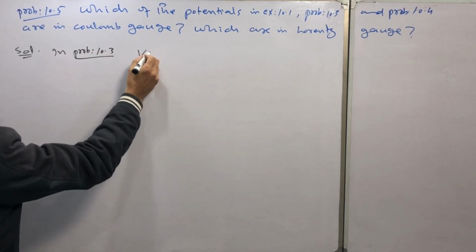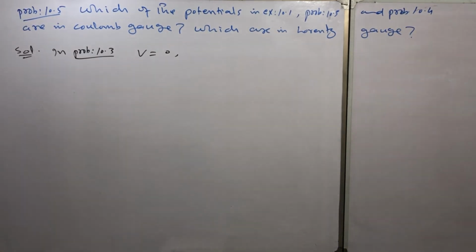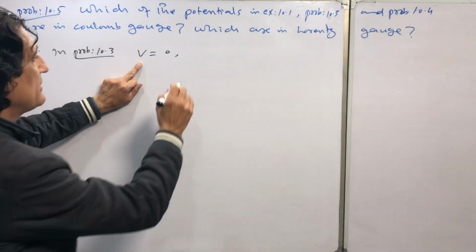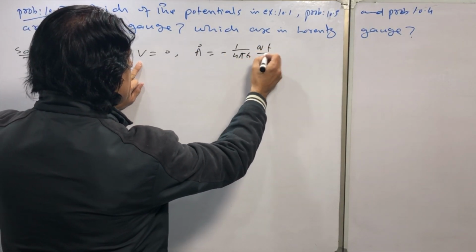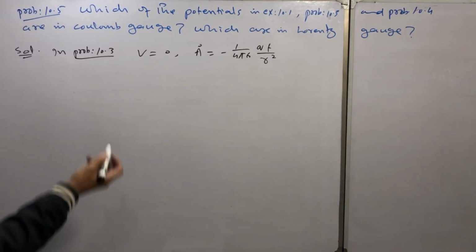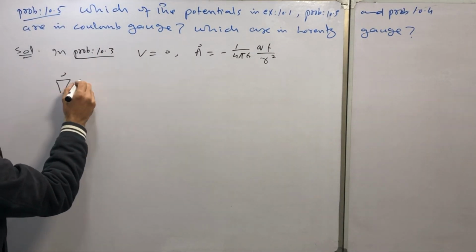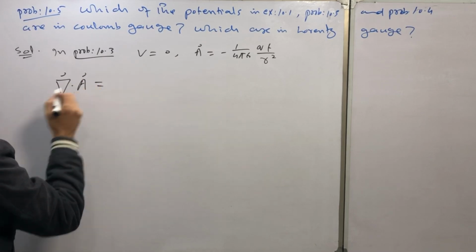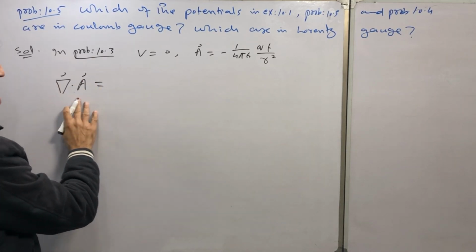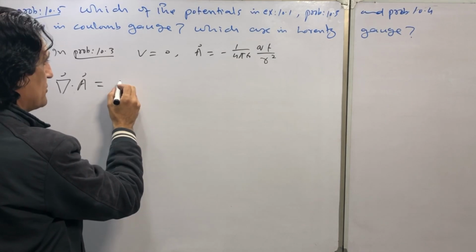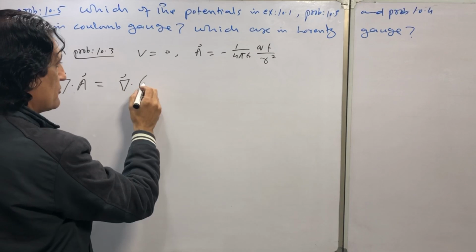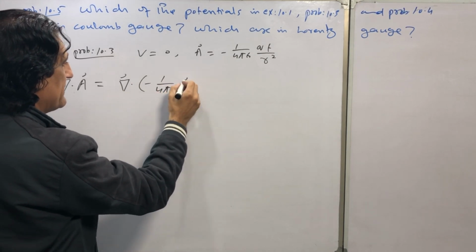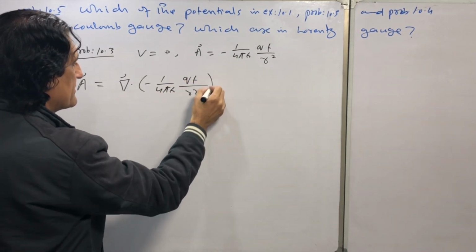In problem number 3, 10.3, the scalar potential is equal to 0, and the vector potential A is equal to minus 1 over 4 pi epsilon naught qt divided by r. Now looking again for the Coulomb gauge, the divergence of A is equal to minus 1 over 4 pi epsilon naught qt divided by r square.